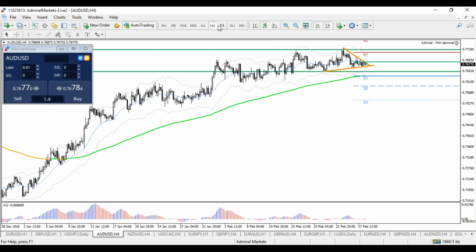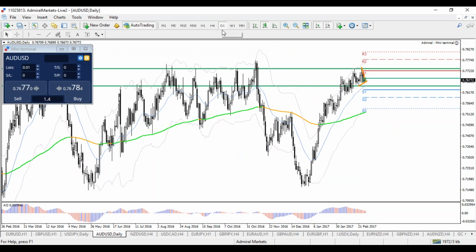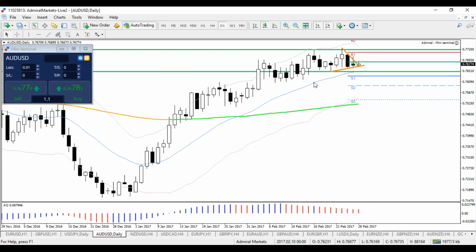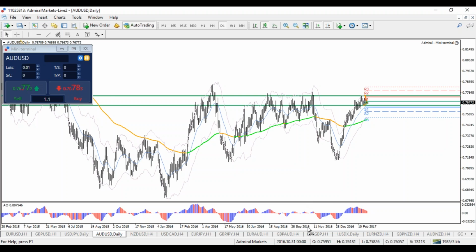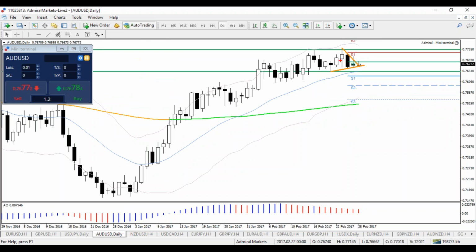Yeah, I can see why you're saying that, Craig. Indeed, it does seem a bit directionless since this point, February, in fact. Before that, there was a good momentum to the upside, of course. But I would have expected more of a bounce at resistance, considering the fact that there could be a retracement of this bullish momentum, but it hasn't happened yet.